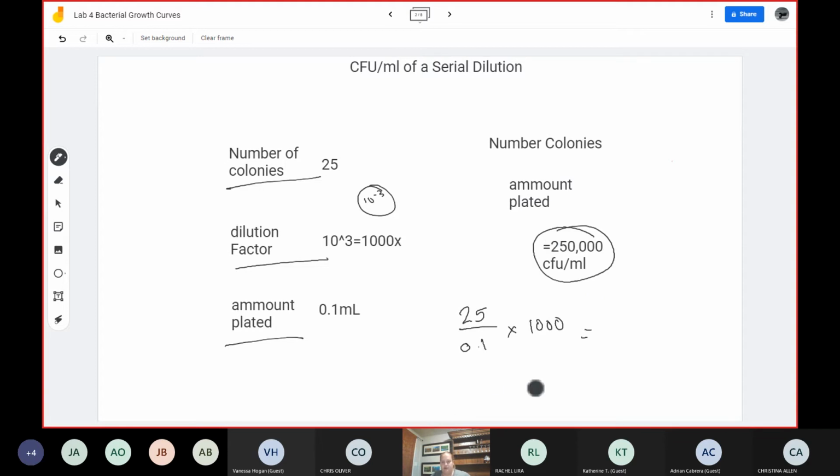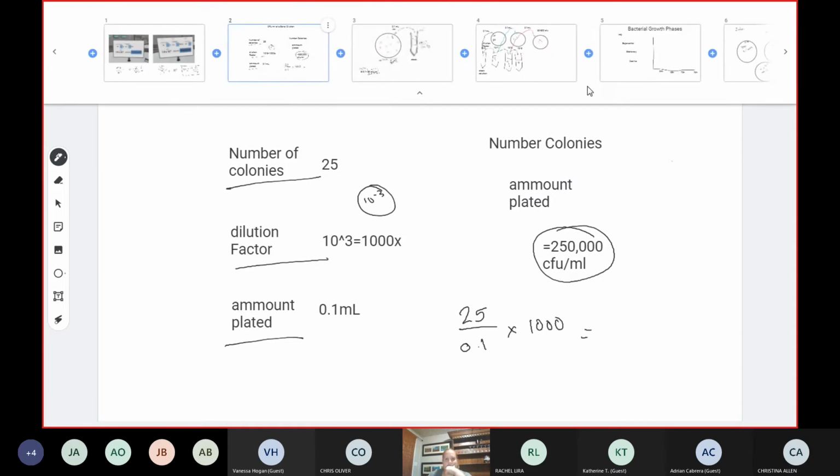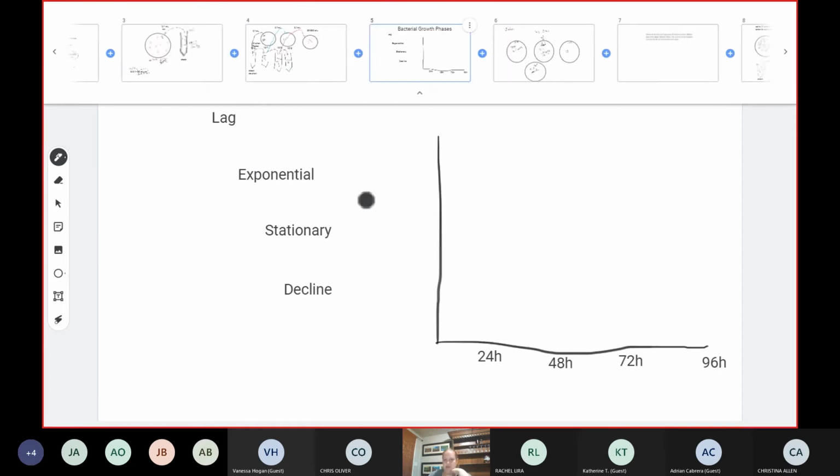So that is what that equals. So just know if you are given these numbers, know how to set up this equation, and potentially if you had a calculator, you could do the actual math. Great.